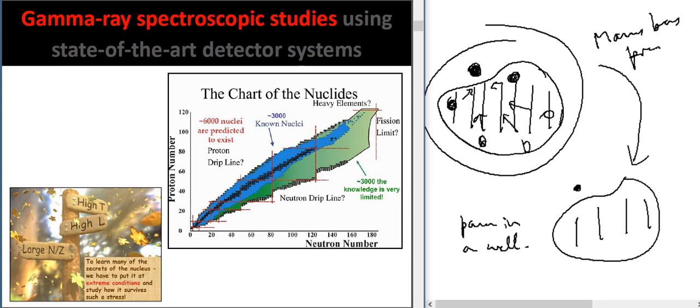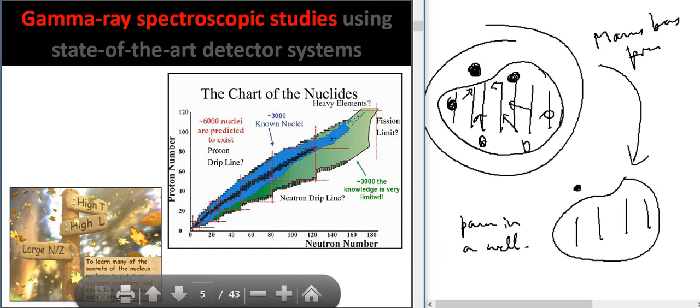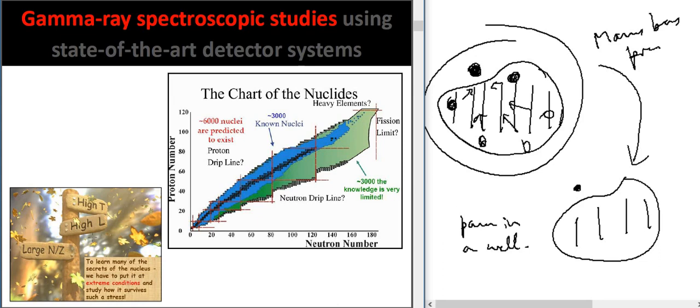One is large N by Z, next is large angular momentum, high spin study, and then high isospin. So these are basically the extreme conditions. We are going to put the nucleus to extreme conditions and study it, and from there we will be able to understand more about its nature. That's the overall idea about how experimental research is done, mainly regarding the gamma ray spectroscopy I am talking about.